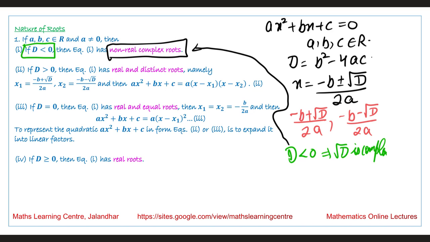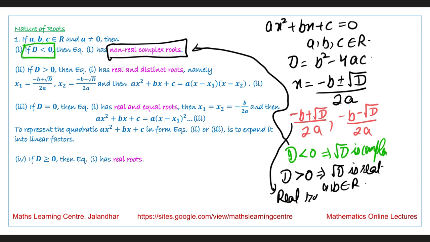Next case, if d is greater than 0, then square root d is real. a and b are already real. So this will have real roots. And if d is strictly greater than 0, we will have distinct real roots.